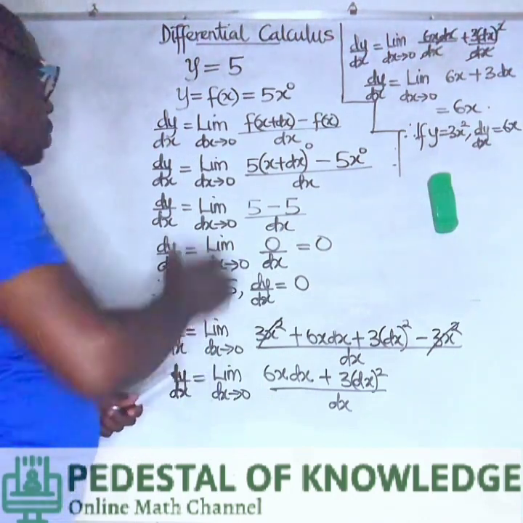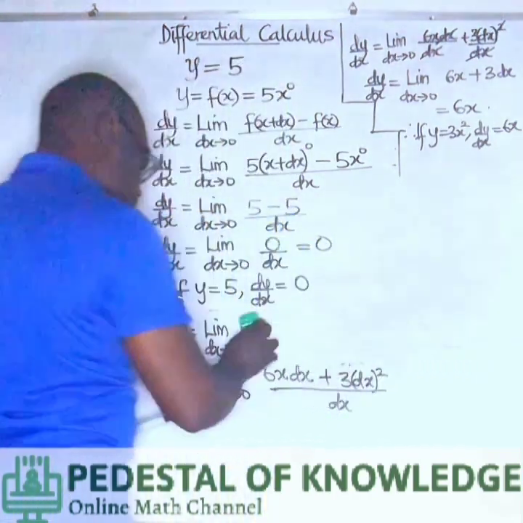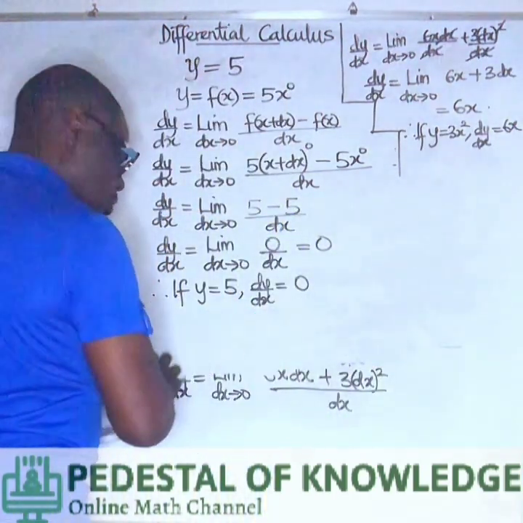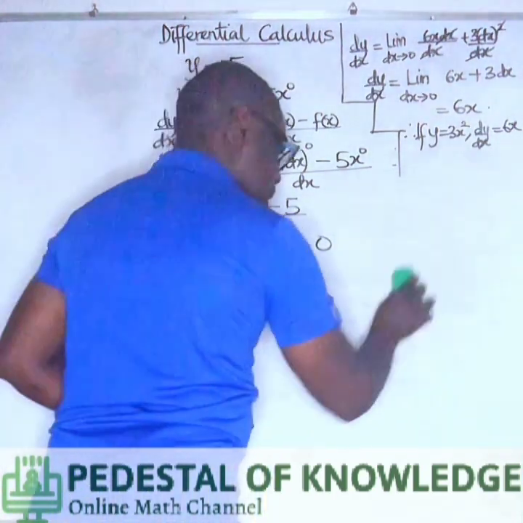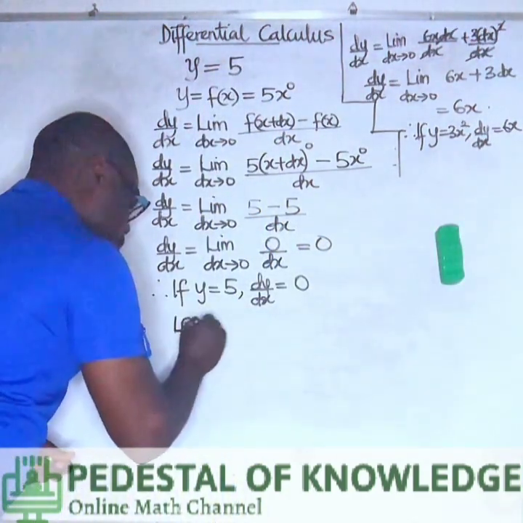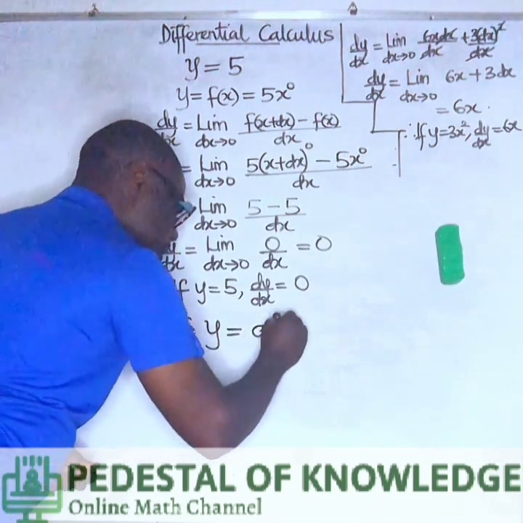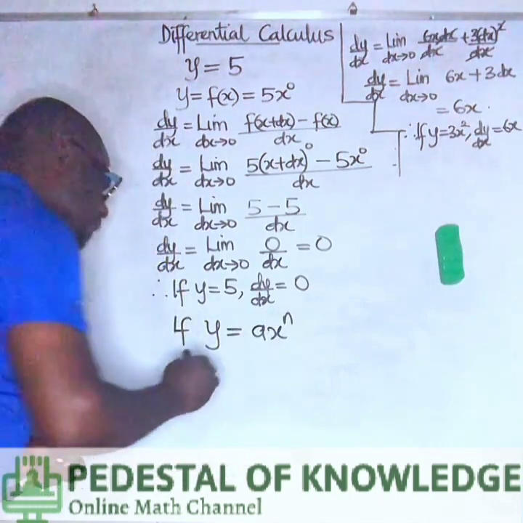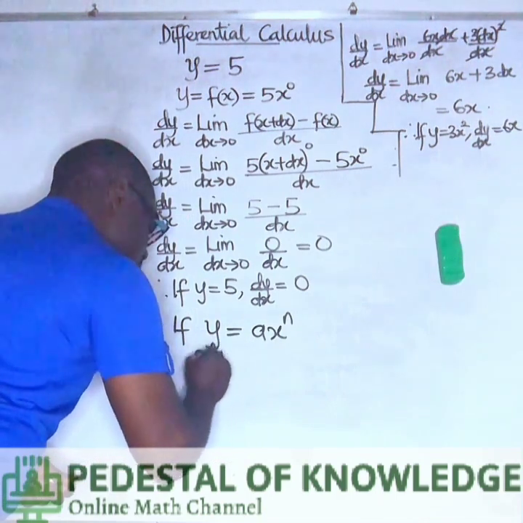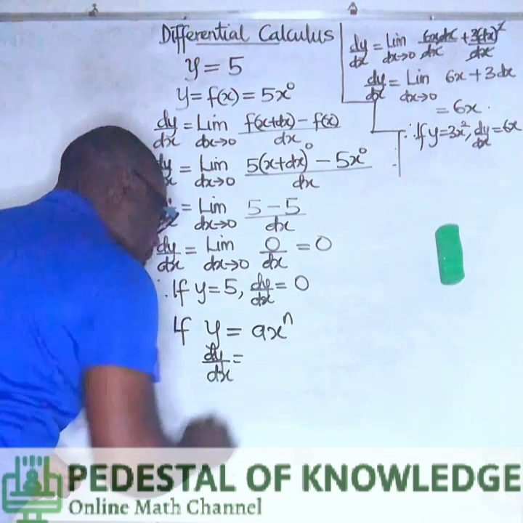Okay, now from what we have seen so far in these examples, we can draw a general conclusion by saying that if y is equal to a x raised to power n, then dy/dx is equal to, this n will multiply x.